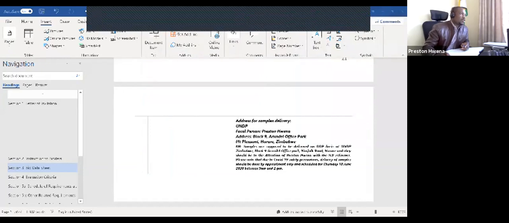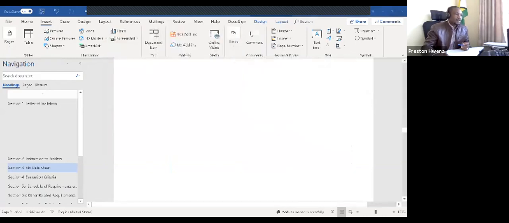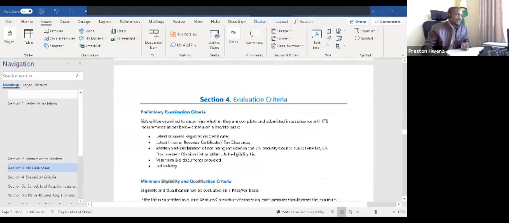You can type in your question as well, because I'm trying to unmute you from my side, but I'm not sure what is happening. It seems the version of Zoom that you are using is not allowing me to unmute you, but I think you can type in your questions, then we can address them. All right, so we'll move on.